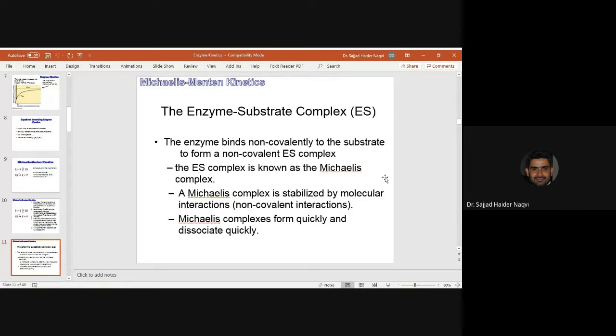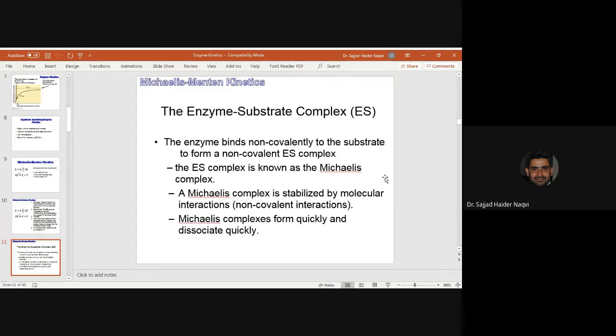Okay, so what is the enzyme substrate complex? You got the idea. The enzyme will bind non-covalently with the substrate to form a non-covalent complex called the enzyme substrate complex. The ES complex is also known as the Michaelis complex. A Michaelis complex is stabilized by molecular interactions which are non-covalent, like hydrophilic, hydrophobic, or other kinds of non-covalent interactions like hydrogen bonding, etc. But that's not a covalent interaction.